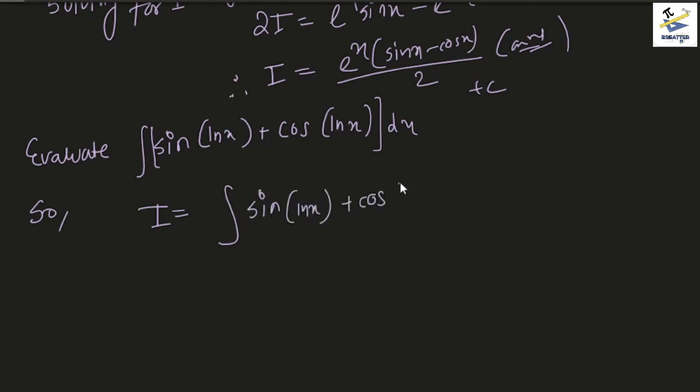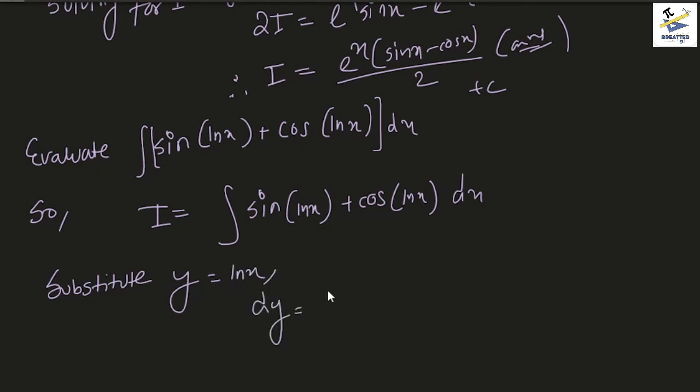plus cosine of log x dx, and substitute y equals log x, which will give us dy equals 1 by x dx, right?